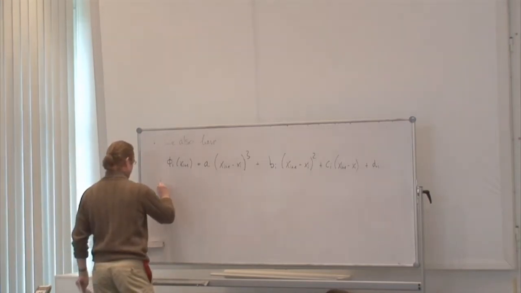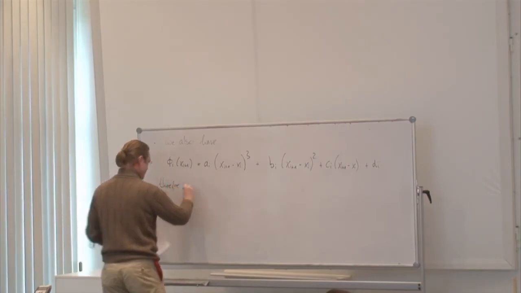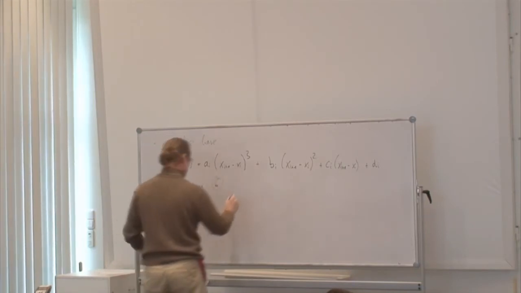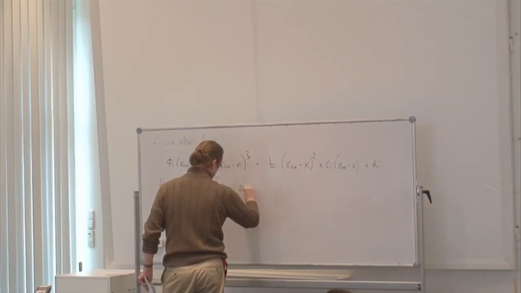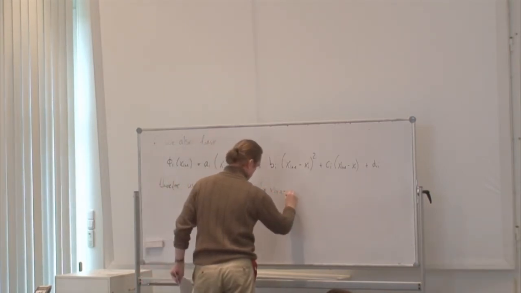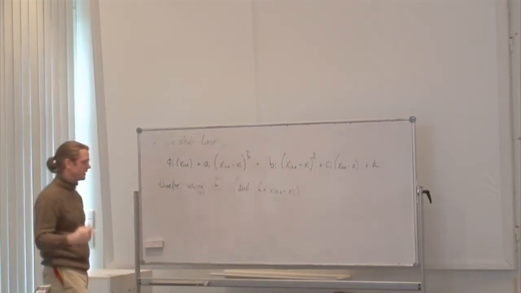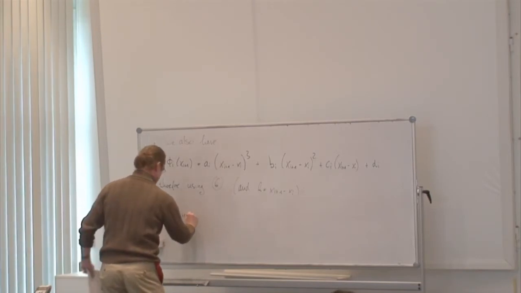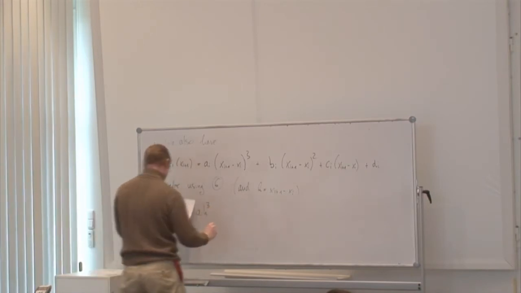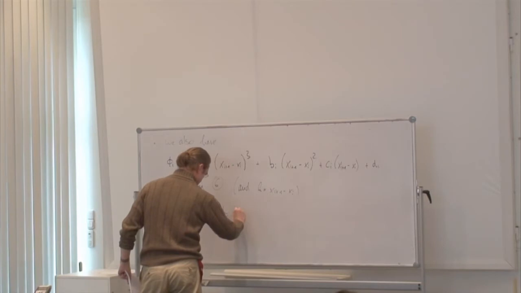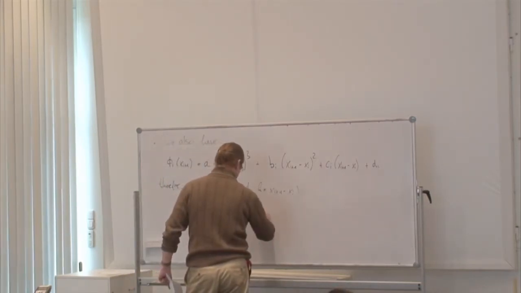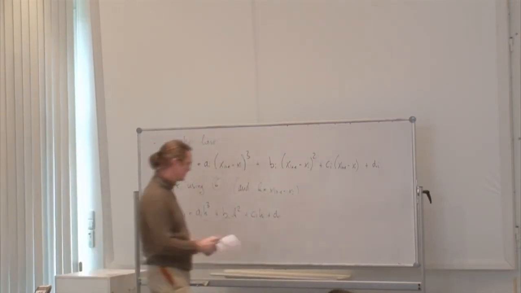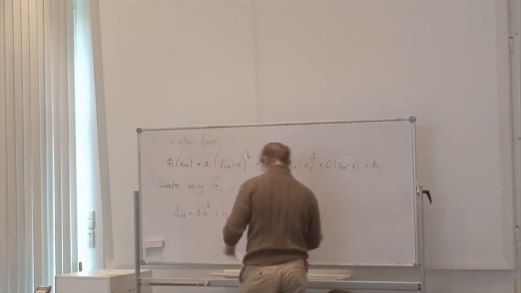So therefore, using what I called equation 6, and the fact that h is xi plus 1 minus xi, we have the following identity now: di plus 1 is ai times h cubed plus bi times h squared plus ci times h plus di. Right. This is 7.